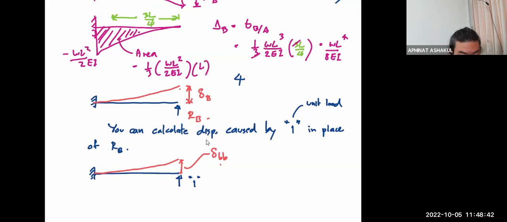But now this is caused by the load that has a magnitude equal to 1. So after you know the displacement caused by the load that is equal to 1, what would be the displacement caused by the load that is equal to RB?